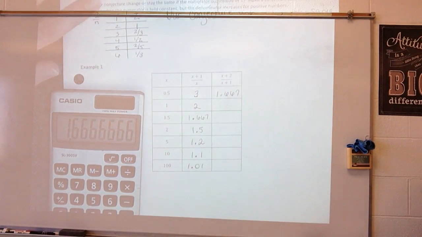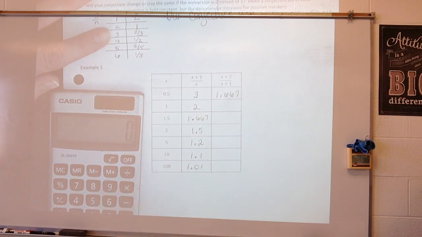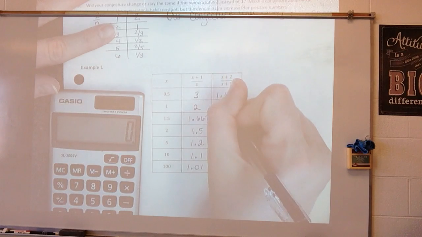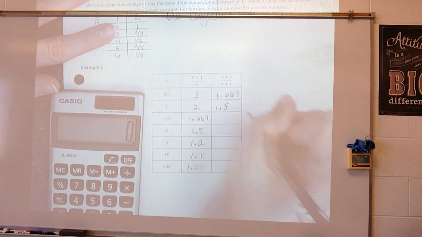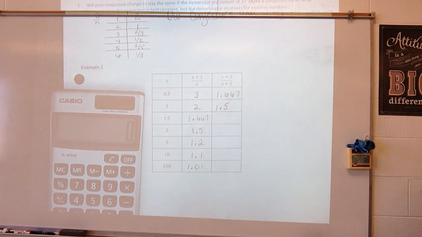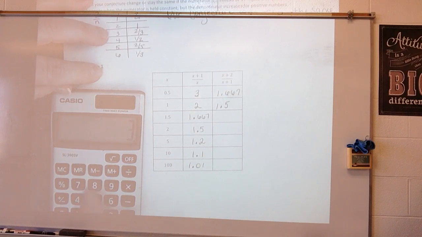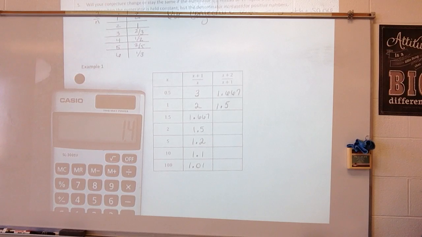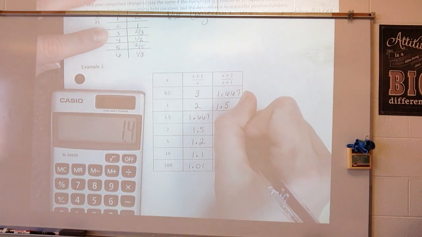$1.667. All right. So 3 divided by 2 is 1 1/2. All right, 1 1/2. So I have 3 1/2 divided by 2 1/2 gives me 1 4/10.